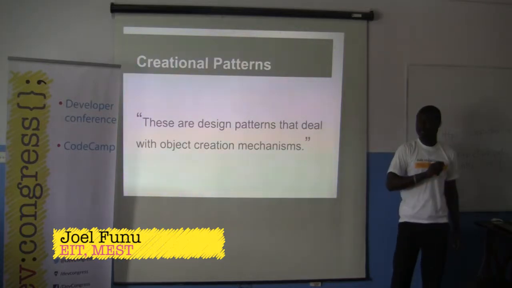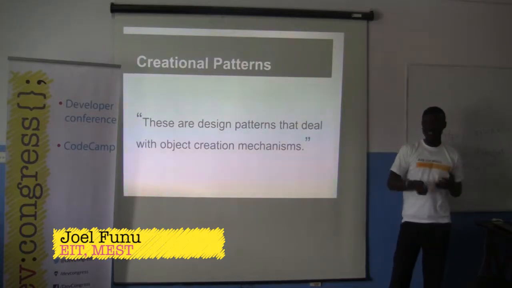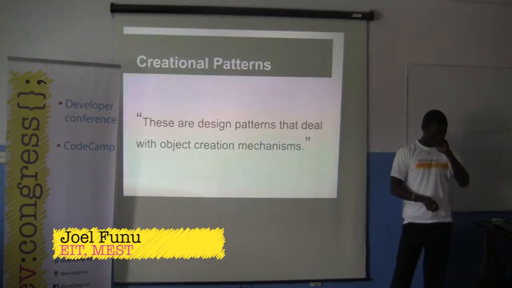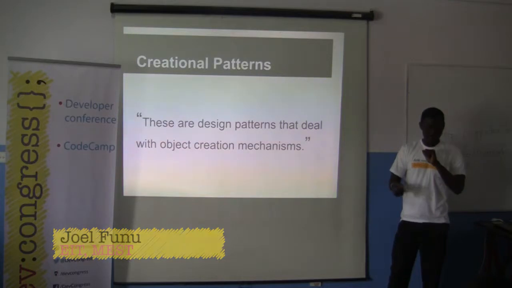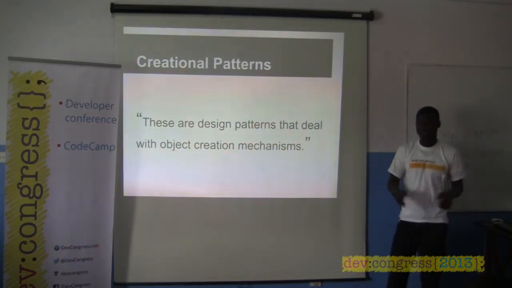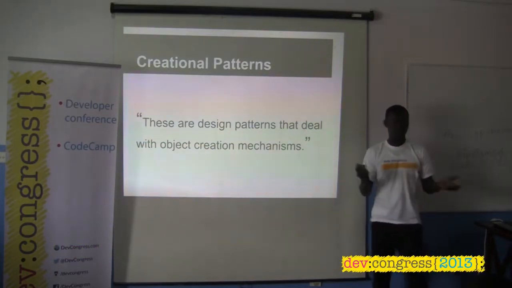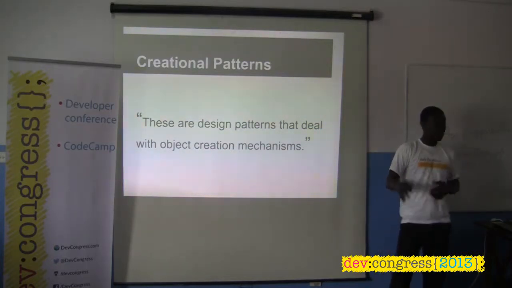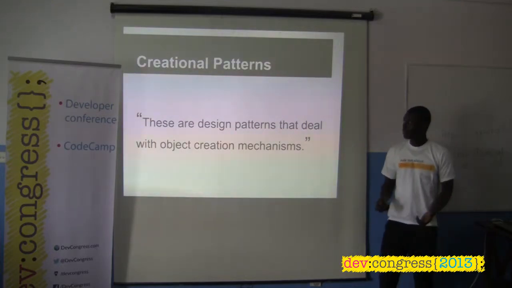So creational design patterns are patterns that deal with how objects are created in your application. You don't just open classes and instantiate them and then off we go. This pattern makes sure that the way objects are created in your application follows a certain format, a certain pattern.